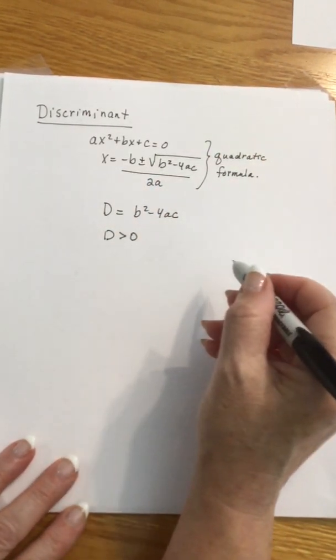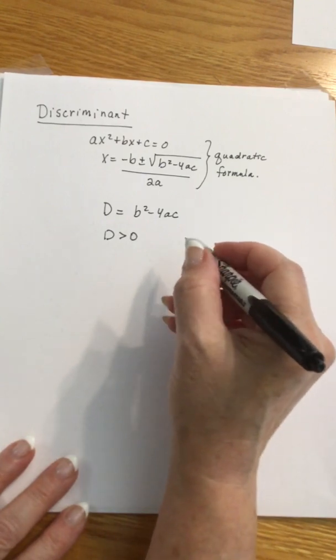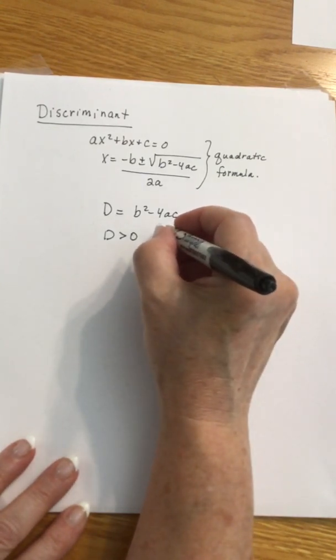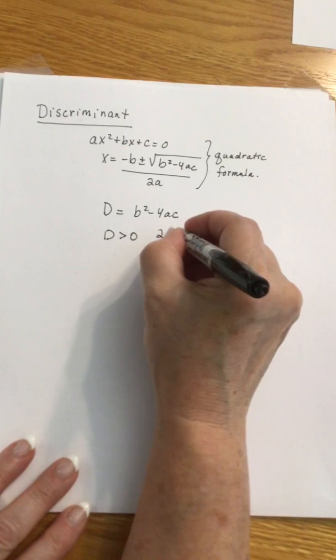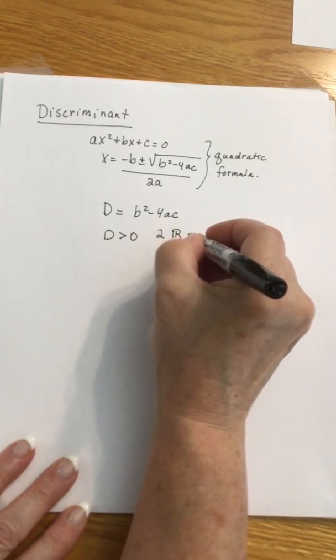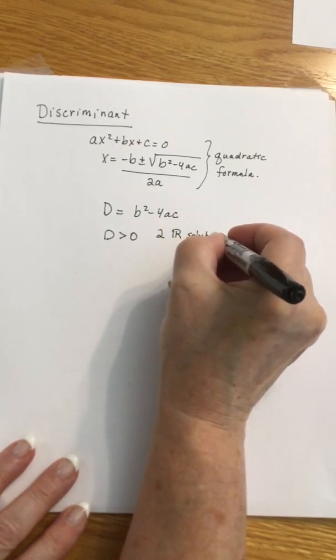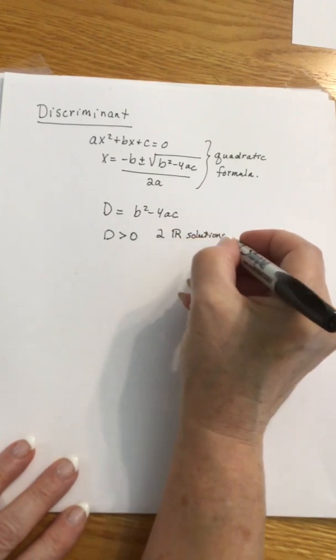We had 2 plus square root of 2, 2 minus square root of 2. So if d, the discriminant, is greater than 0, then we're going to have 2 real solutions.